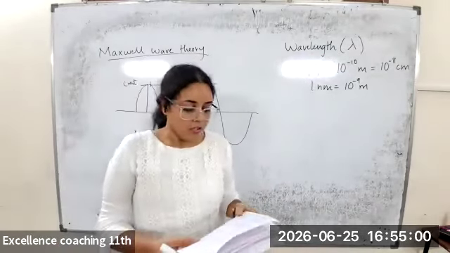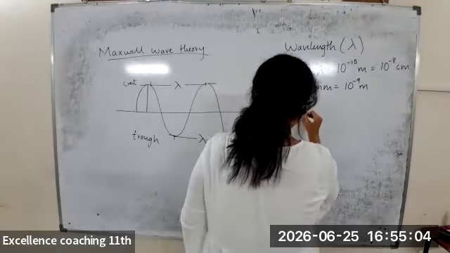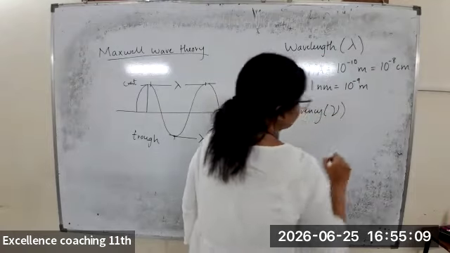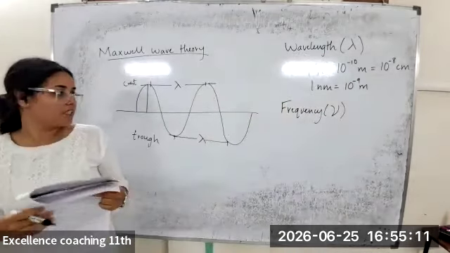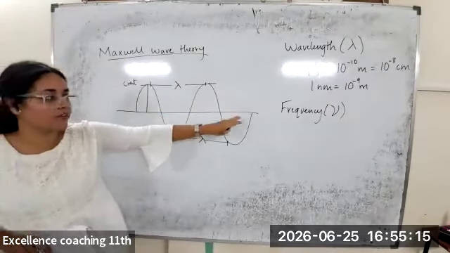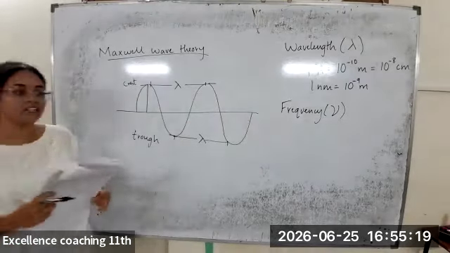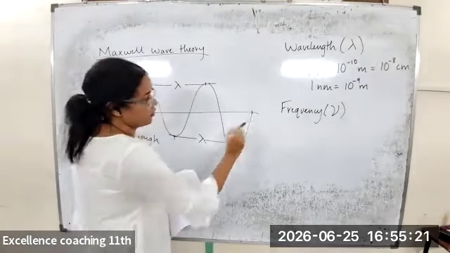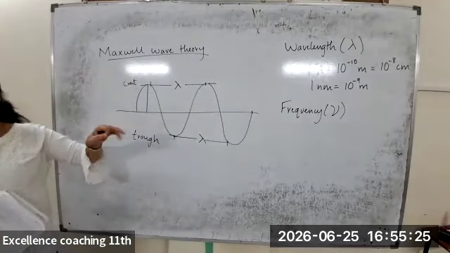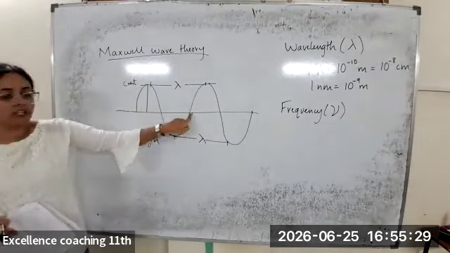Now the next parameter is frequency. Frequency we represent in terms of nu. Frequency is nothing but the number of waves which pass through a given point in a second. Suppose I consider this as my point. I want to find how many waves pass; this will be one wave, from here to here.